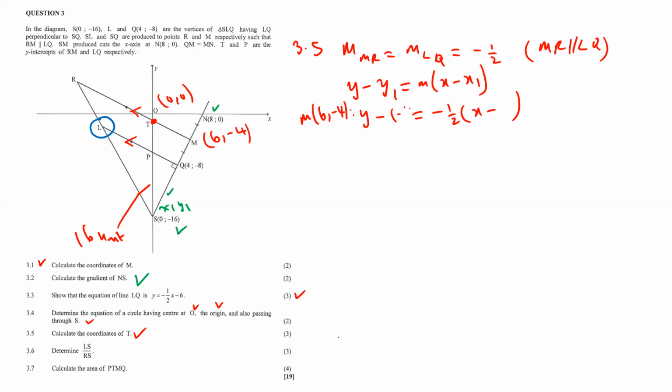The y is minus 4 here at M. This is like x1, y1, and the x1 is actually 6. So y equals minus 1/2 plus 3 plus 4 minus 4, minus 1.